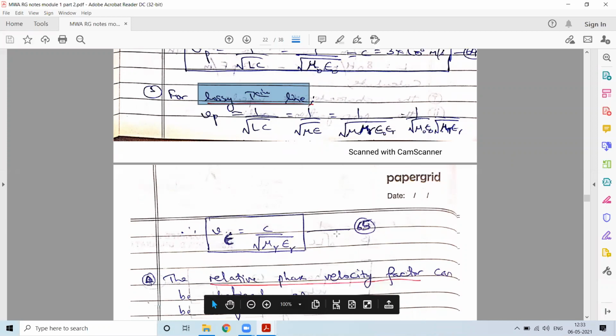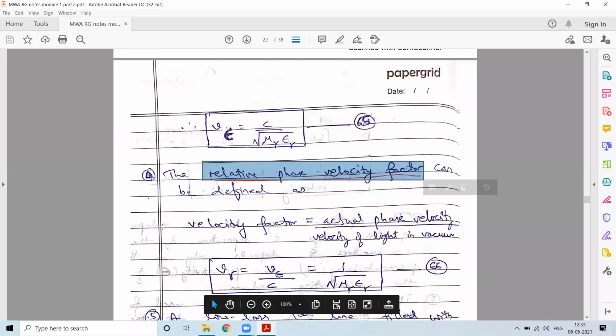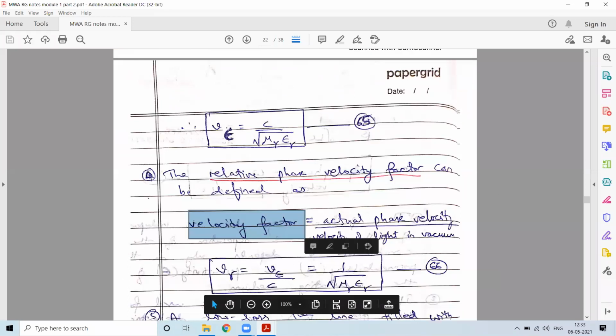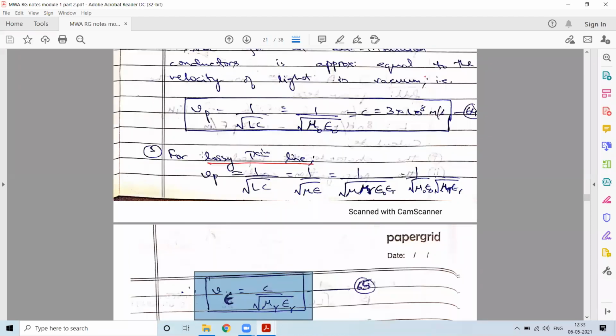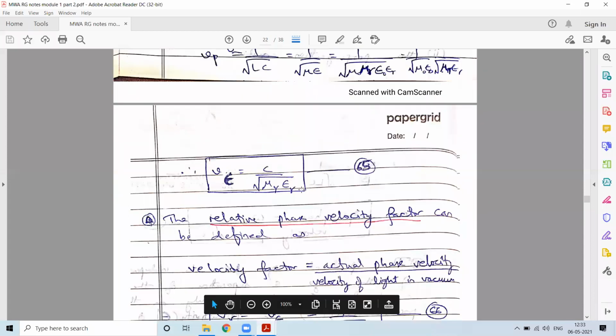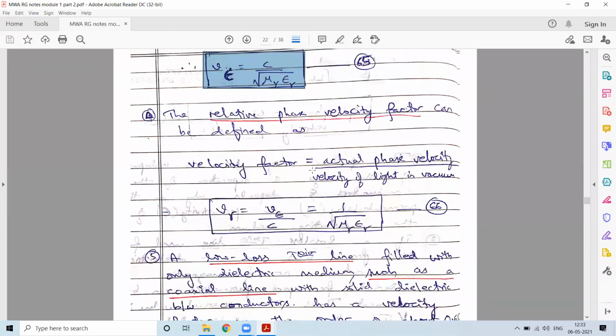Now we have another factor that we have to consider, that is the relative phase velocity factor. The velocity factor is given by the actual phase velocity of the wave which is traveling in the transmission line to the velocity of light in vacuum. Here the phase velocity of this lossy transmission line will give you the actual velocity of the wave, and the velocity of light is nothing but c.